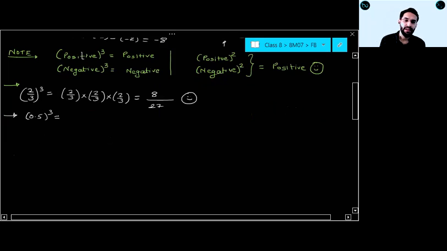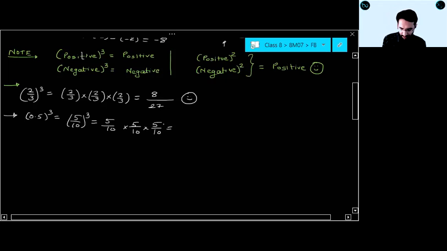Difficult questions we will take, but now since this is the explanation and understanding part, this is 0.5 into 0.5 into 0.5, right? But instead of multiplying 0.5, can I write 0.5 as 5 by 10 whole cube? So it is 5 by 10 into 5 by 10 into 5 by 10.